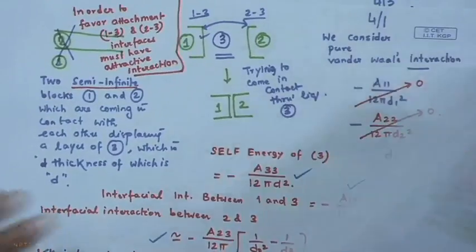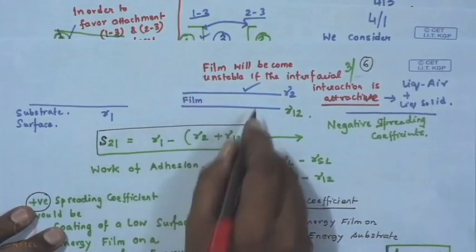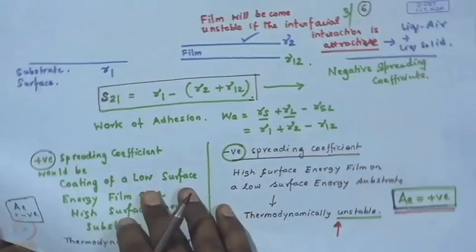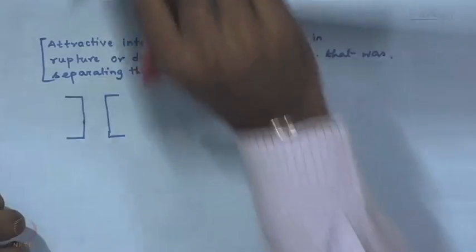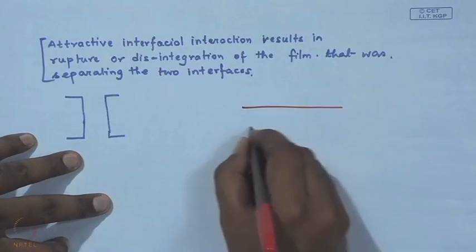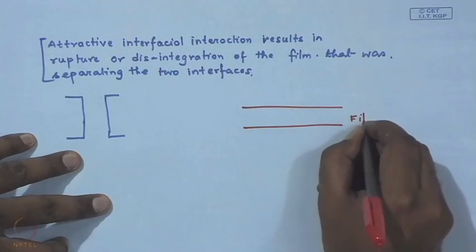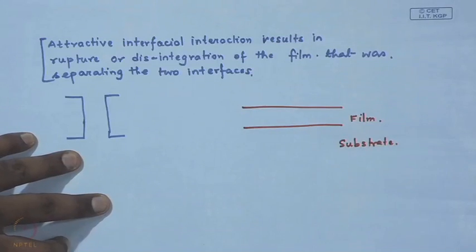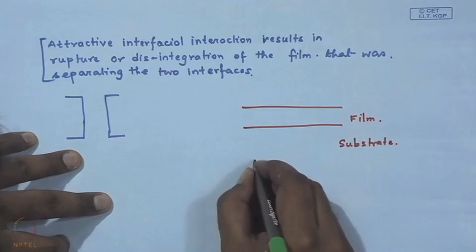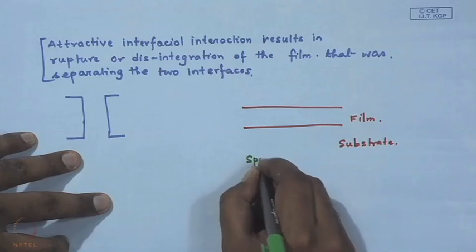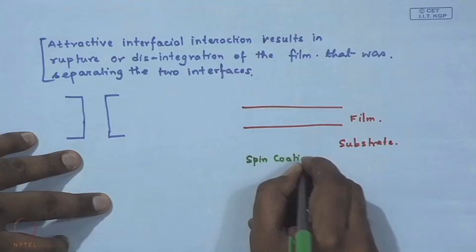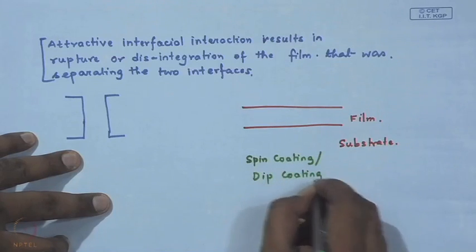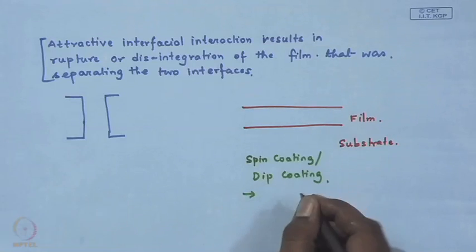Exactly the same thing happens when we are talking about a film which is coated on a rigid surface. So, let me draw it in a neater sheet of paper, so that you do not confuse it. Here we have a film, here we have a substrate, and we have discussed adequate experimental techniques like spin coating and dip coating, which can result in a film like this.